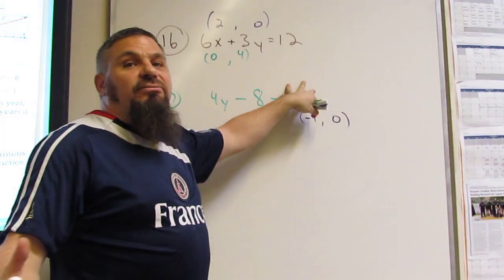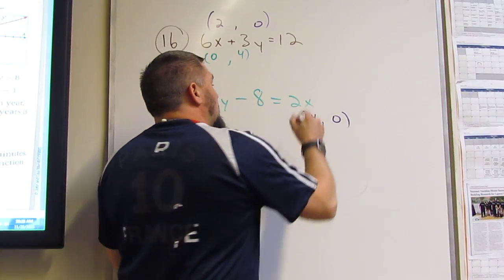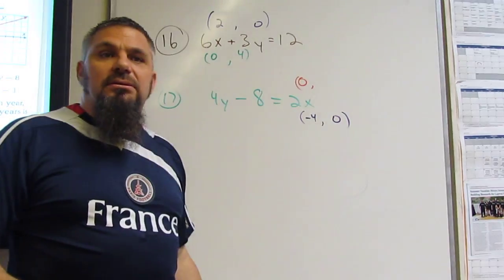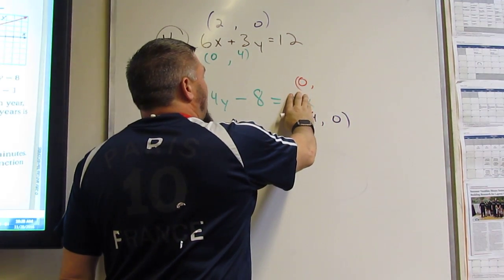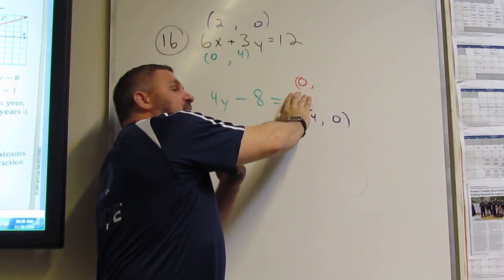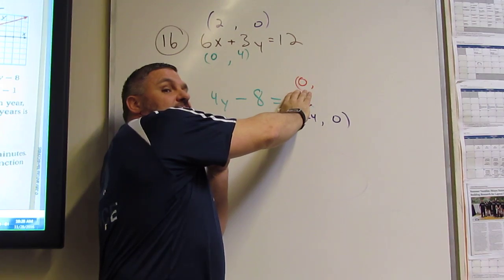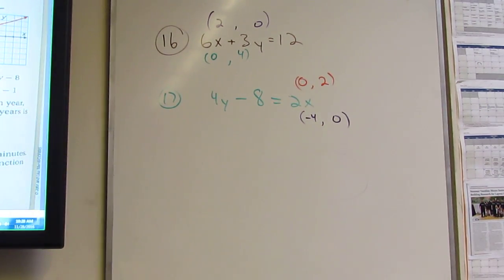And the reason I cover up x is because I'm plugging in 0 for the x. So this is 0. Okay? So 4 times what minus 8 equals 0. So in other words, 4 times what is 8? 2. Okay? It's that simple. How many understood?